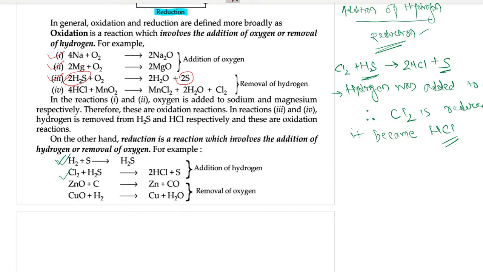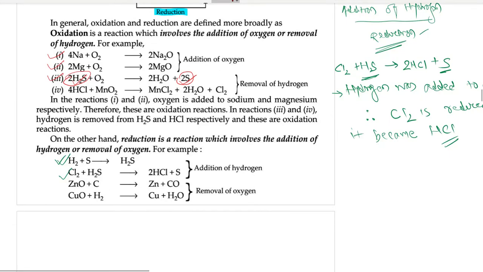Both happen simultaneously. I have already told you that. So conversion of hydrogen sulfide to sulfur is an example of removal of hydrogen, which is oxidation, but addition of hydrogen to oxygen to get water is the example of reduction. So that is also true.